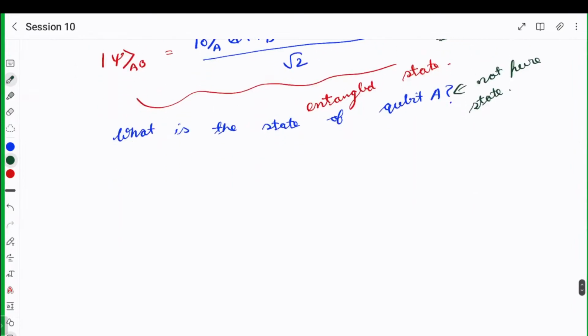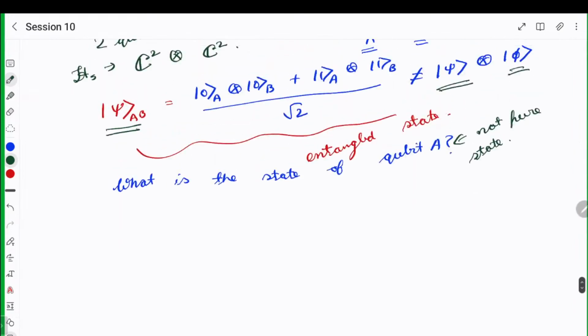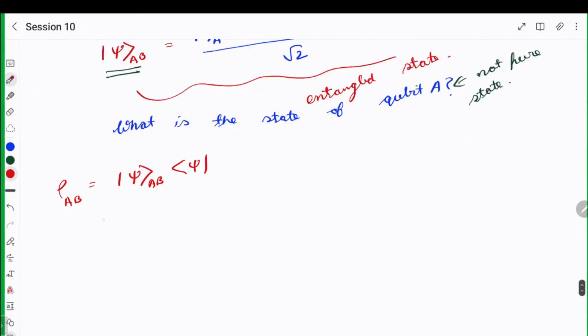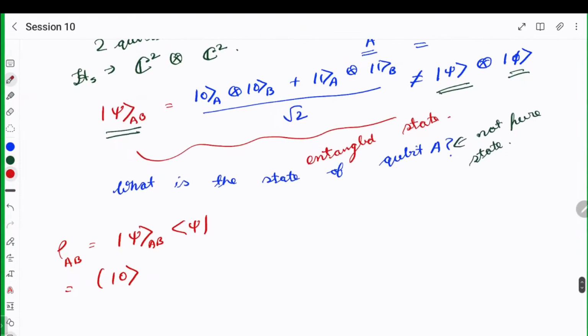For |ψ⟩_AB, we can write the density matrix. It will just be |ψ⟩_AB outer product ⟨ψ|_AB. I'm just getting rid of the tensor product sign.